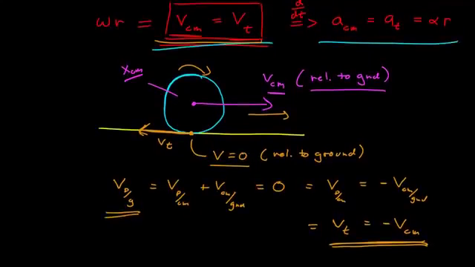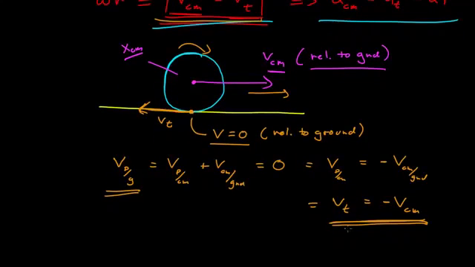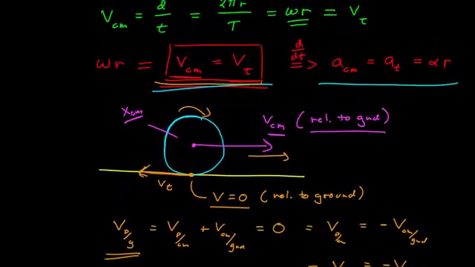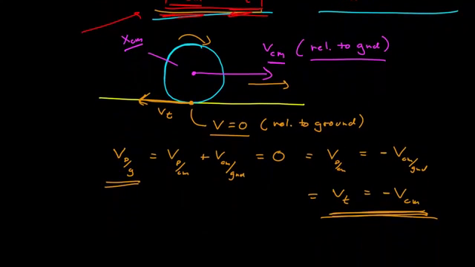We didn't care so much about the direction. Here we have the direction determined by the minus sign, but the key element is that it confirms what we had before: the magnitude of the velocity of the center of mass, the speed of the object, is equal to the magnitude of the tangential velocity as it's rotating.